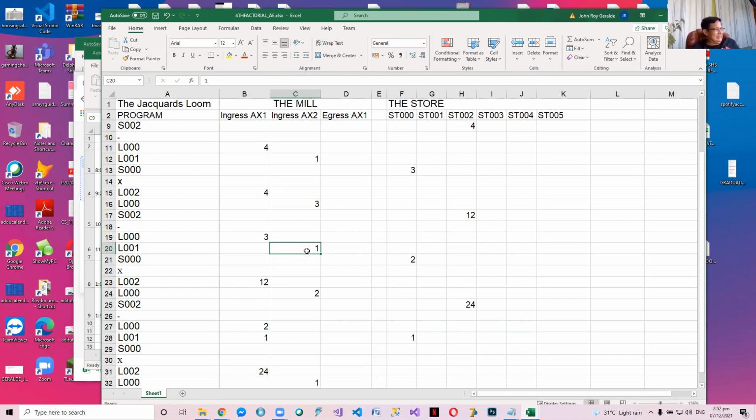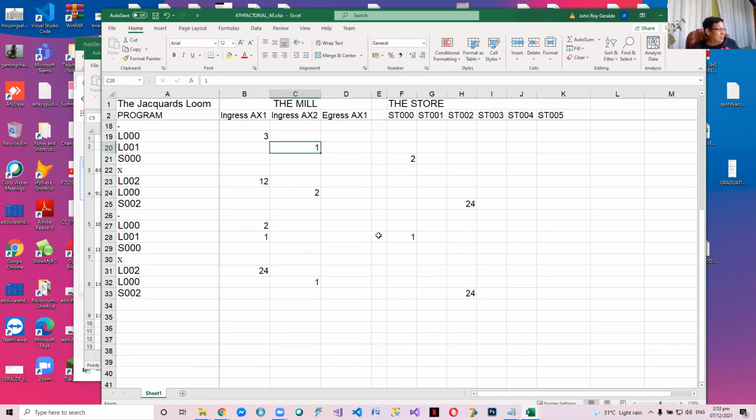I didn't notice. I'm going to update the source. Sir, on 27 and 28, it should also be the same. Sorry, it should be there too. I'm going to update.